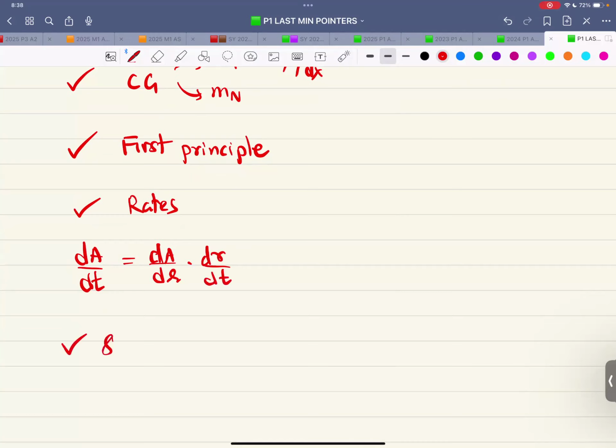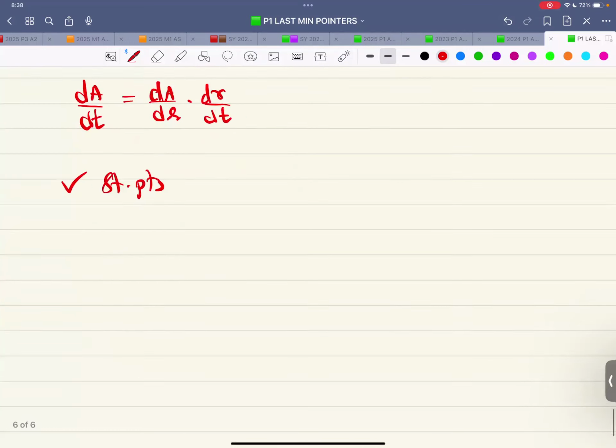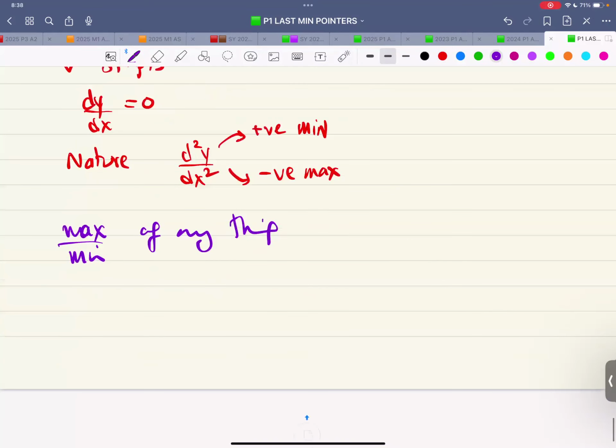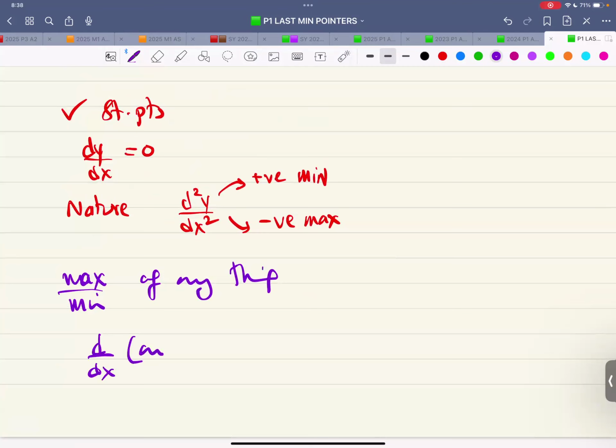Then we talk about stationary points. So in stationary points, dy by dx equals 0. And then nature, that is the second derivative, d square y over dx square. If it's positive, it's a minimum. If it's negative, it's a maximum. And when they ask for the maxima or minima of anything, the derivative of that anything equals 0.